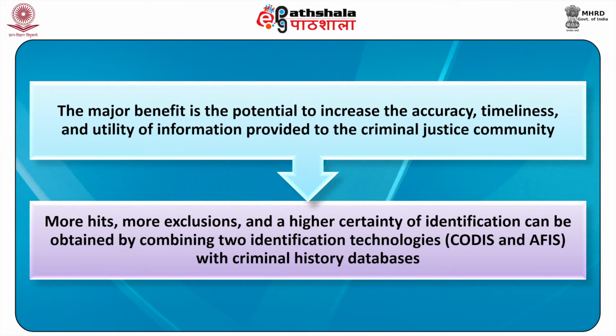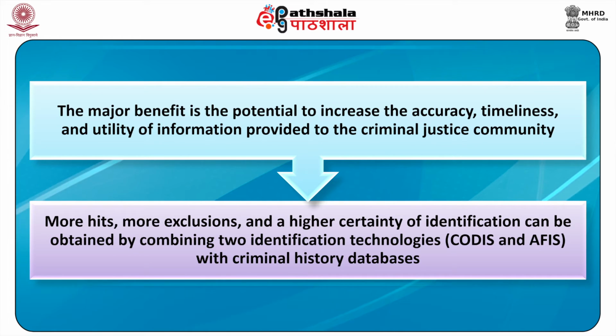The major benefit is the potential to increase the accuracy, timeliness and utility of information provided to the criminal justice community. More hits, more exclusions and higher certainty of identification can be obtained by combining two identification technologies, CODIS and AFIS, with criminal history databases.